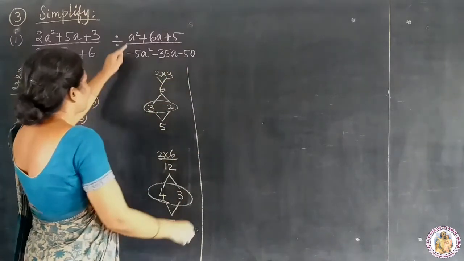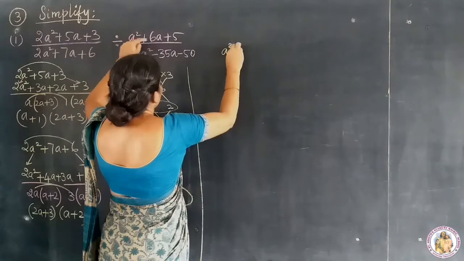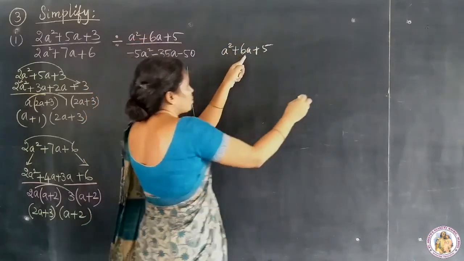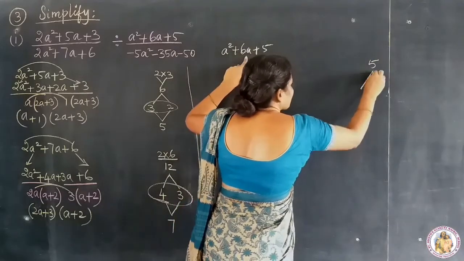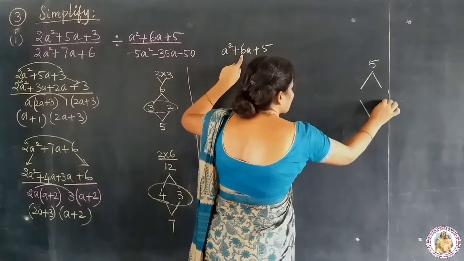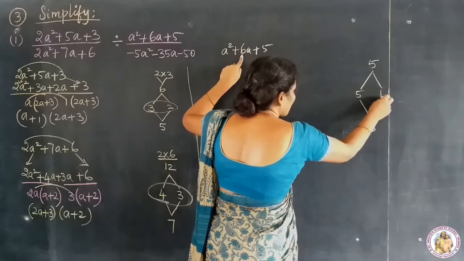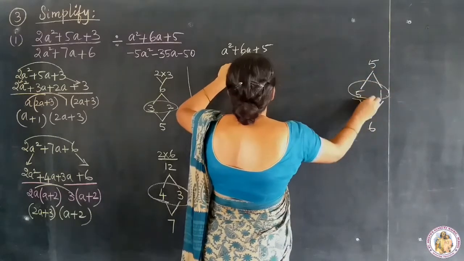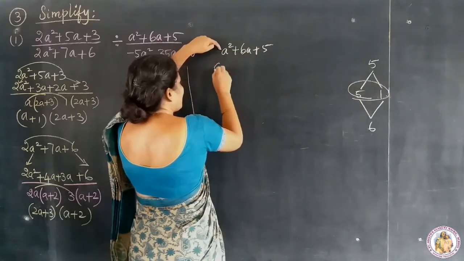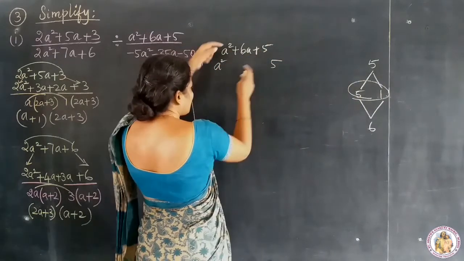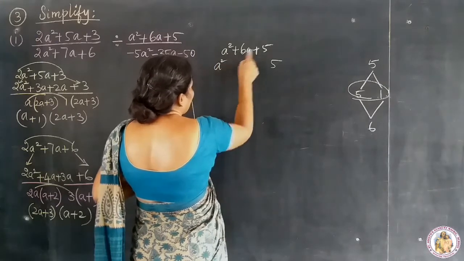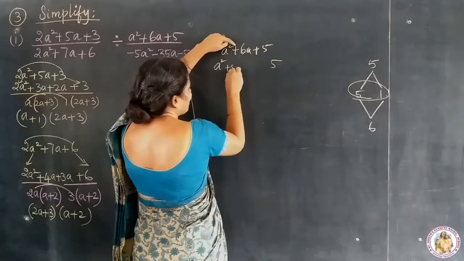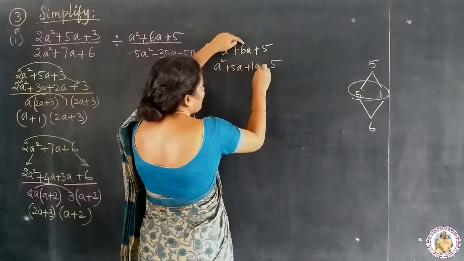And now let us find out a square plus 6a plus 5. Okay, so go with 5. We must get 6. So 5 ones are 5, 5 plus 1, 6. So write the first and the last term as it is, a square plus 5. In the place of 6a, write plus 5a plus 1a.